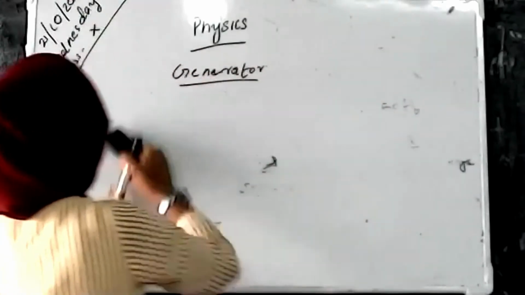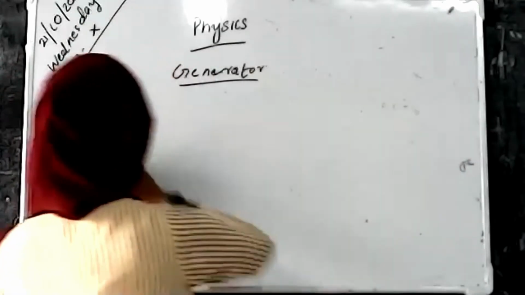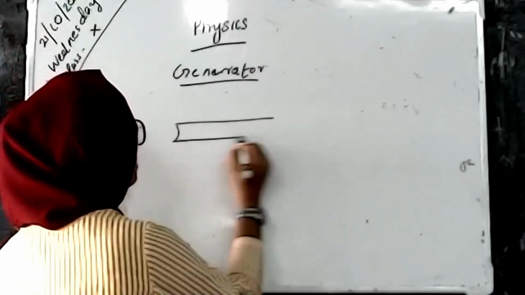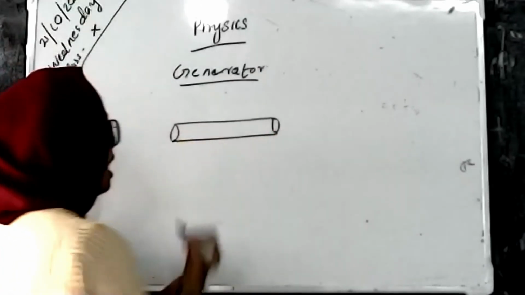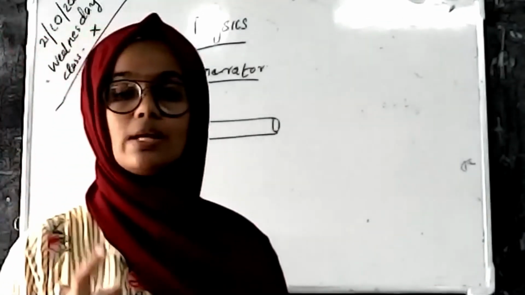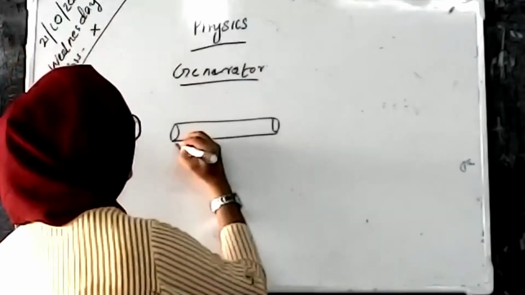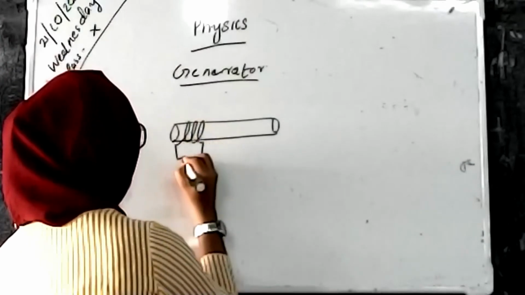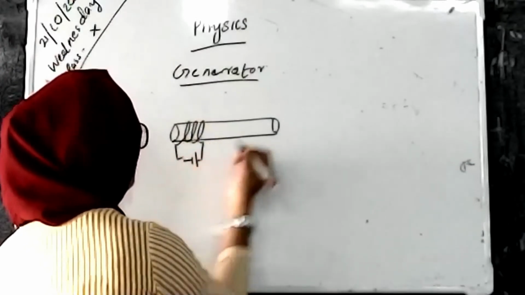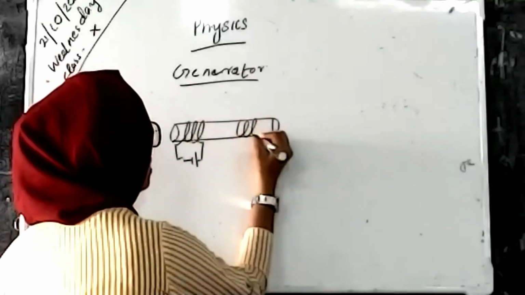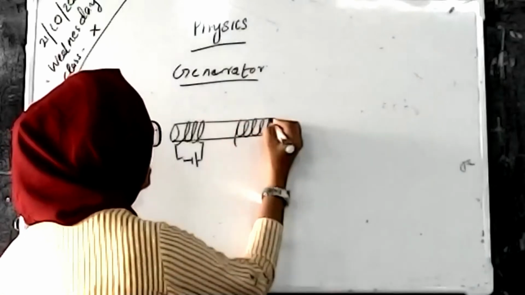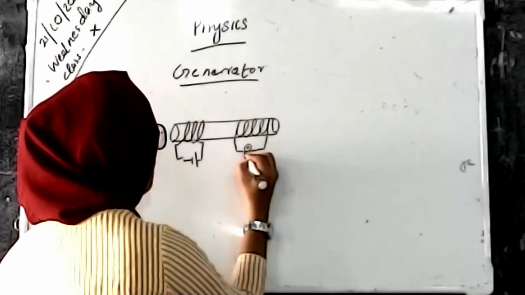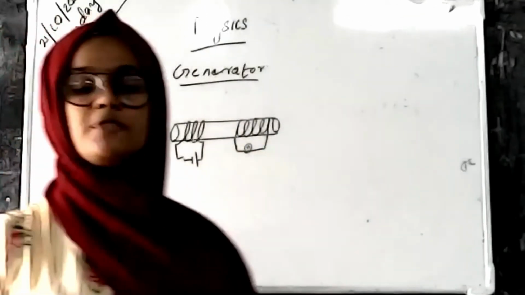For understanding mutual induction, we have a simple circuit: a soft iron rod having two copper coils wound on it.